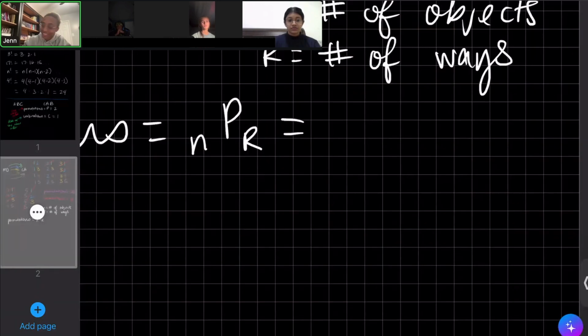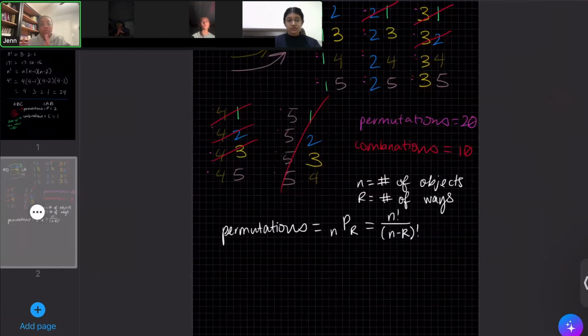So the formula is n factorial over n minus r factorial. Let's apply that to here.